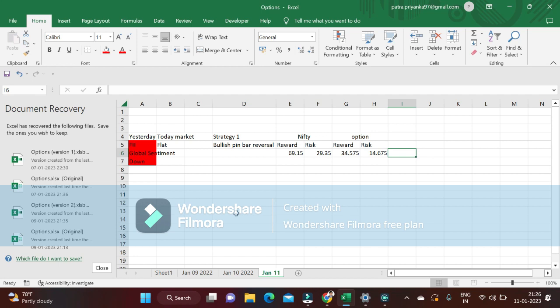The lot size is 50, so that you will be able to get, okay. So this is actually your risk in Nifty, in INR, and this is your reward.